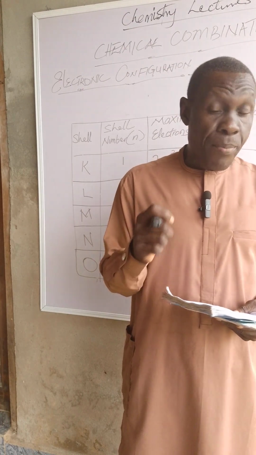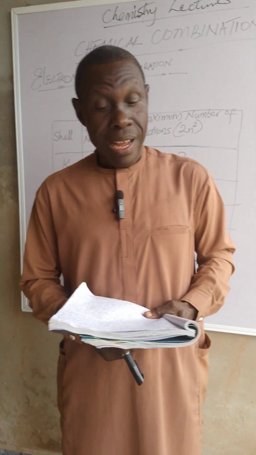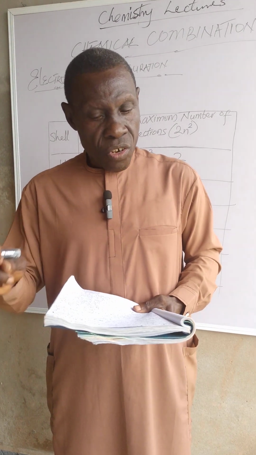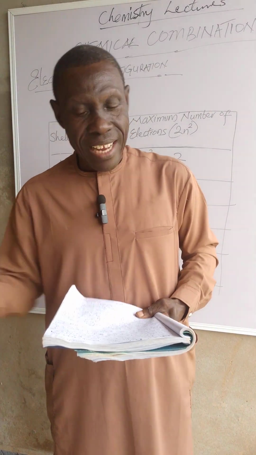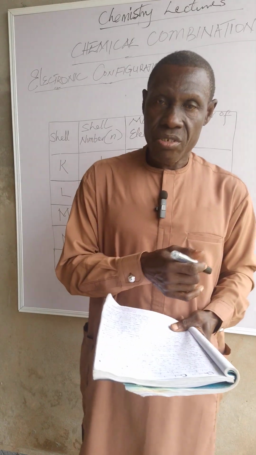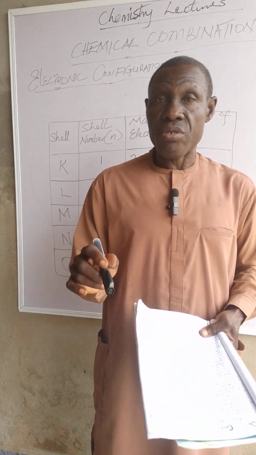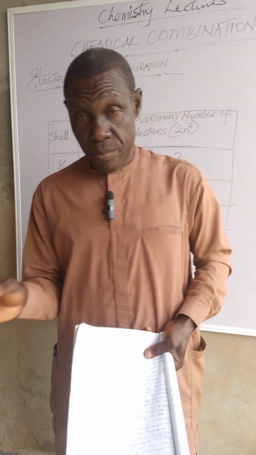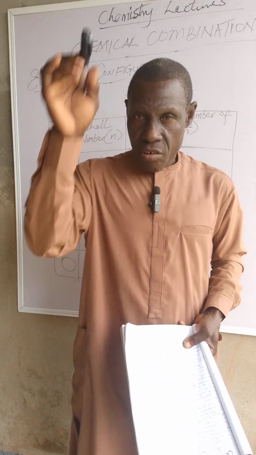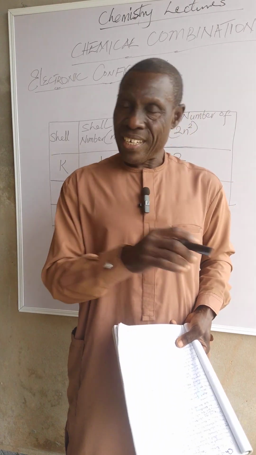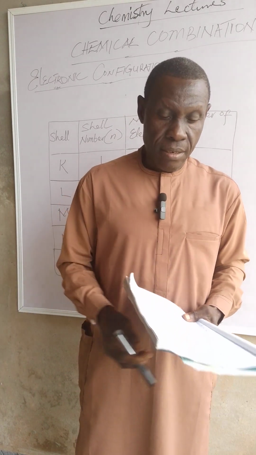Now, elements in the periodic table are arranged in horizontal rows and vertical columns. Those of you out there who know about the periodic table, there are columns, vertical and horizontal.